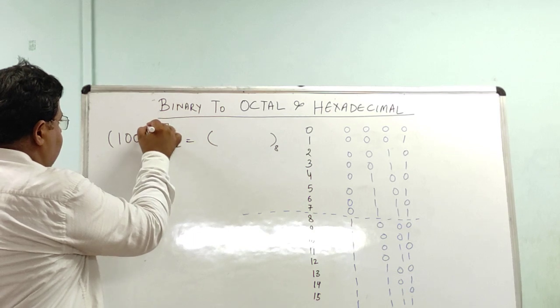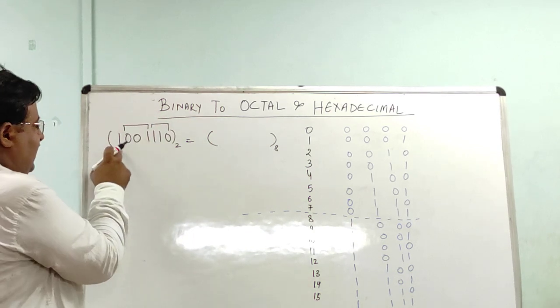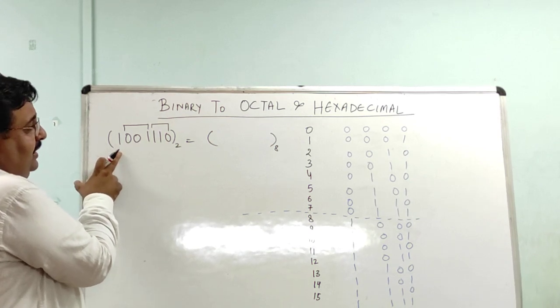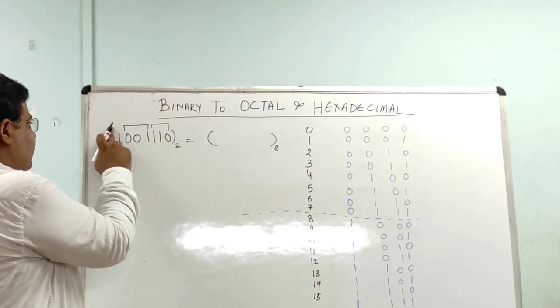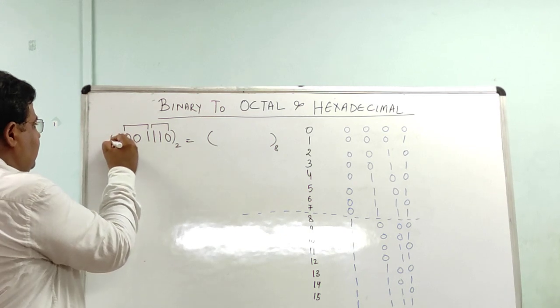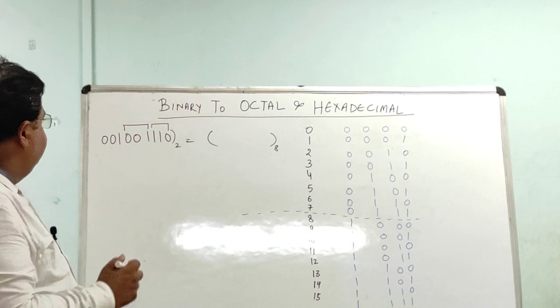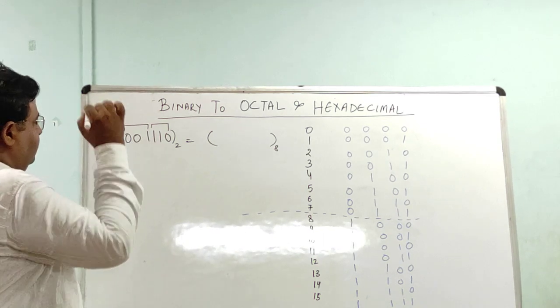Group number 1, group number 2. Now we can see that here only one single bit is remaining. So what I will do? I will prefix it with 0 so that I can get 3 bits. So this is my third group.